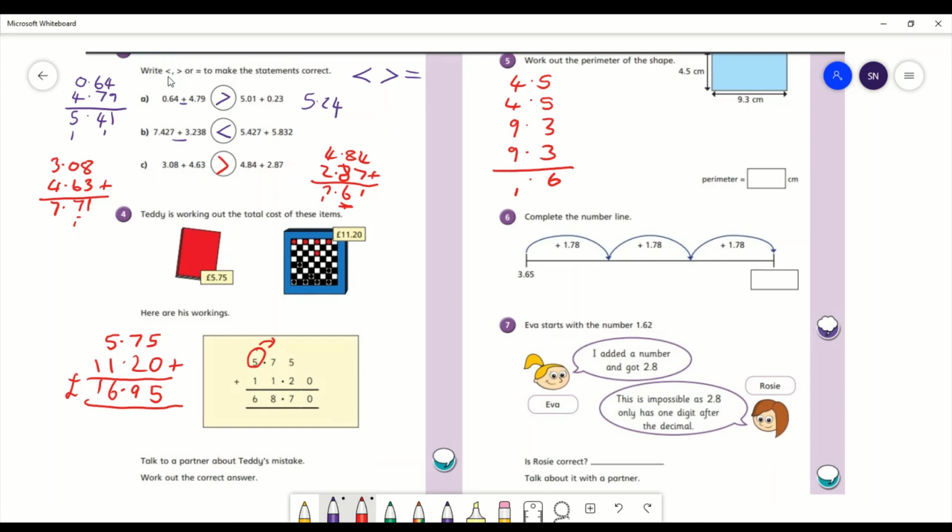So that's 18, so 9 and 9 is 18, that's 22, that's 26, 27. If you want to cut out a step, you could use your mental maths to do 9, and this is 18.6. You could add them that way, and you get the same answer. 6, 9, 7.